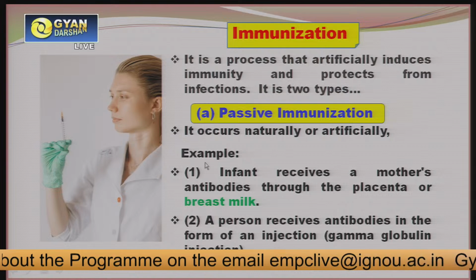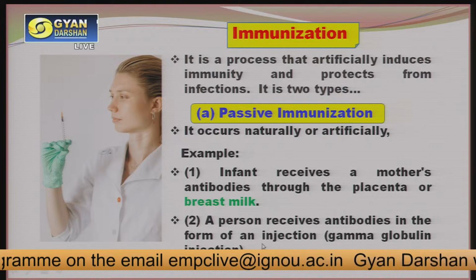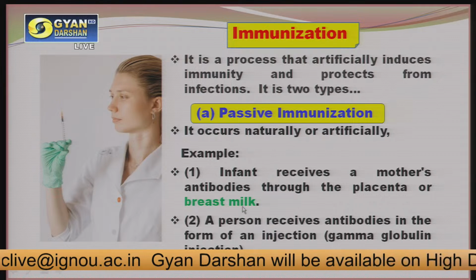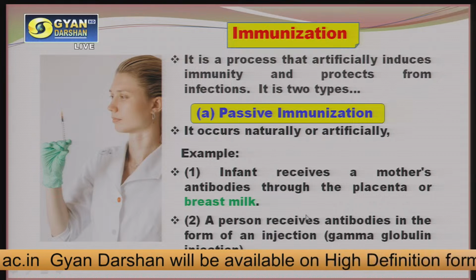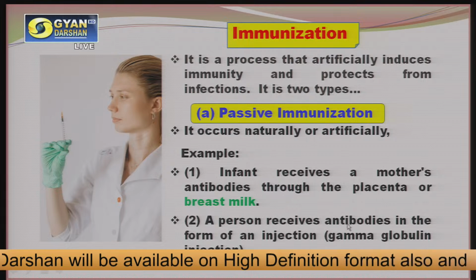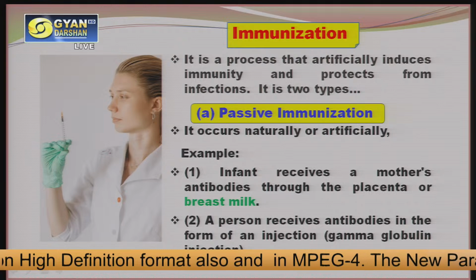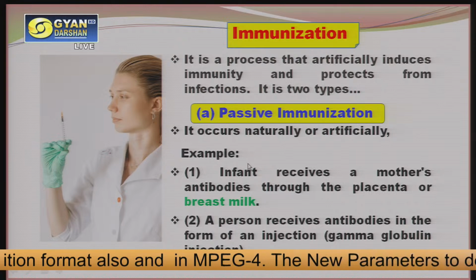So basically some are natural and some are man-made. Various monoclonal antibodies like gamma globulin we can inject into the body. So you can say it is passive immunization.